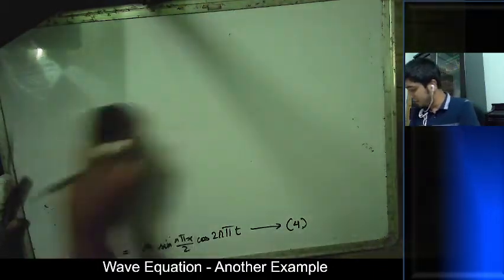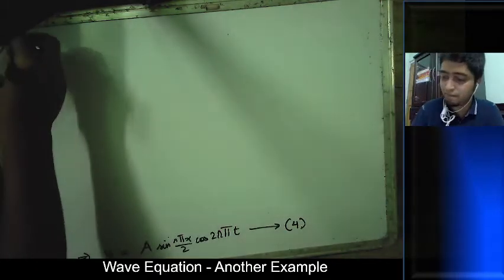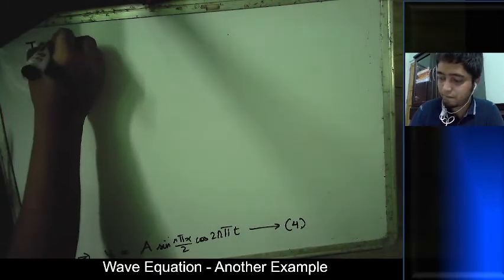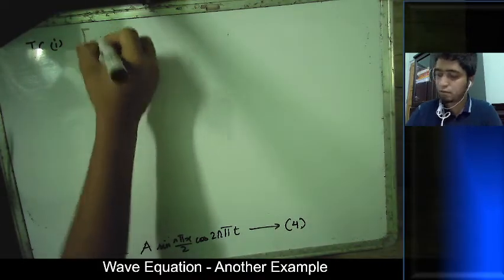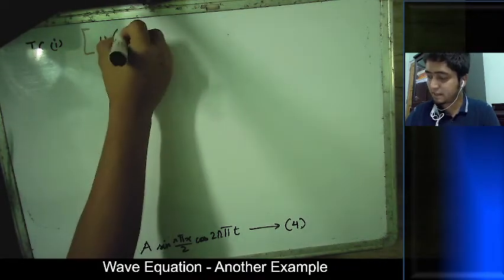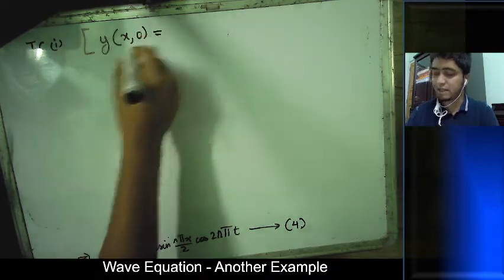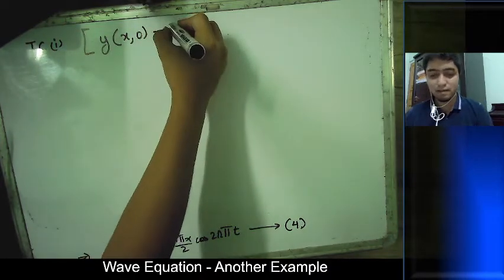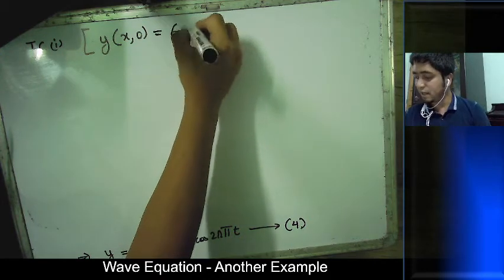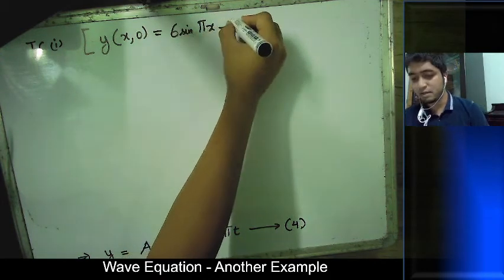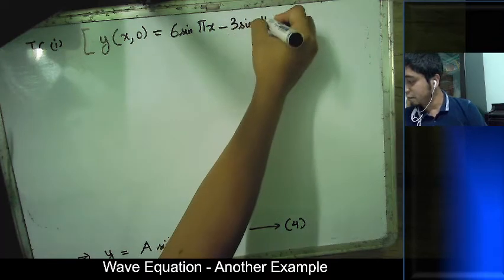Let me just write it down. What is initial condition 1? The initial condition 1, if you remember, was y x 0. So at time equal to 0, the string was kept in this position, 6 sine pi x minus 3 sine 4 pi x.